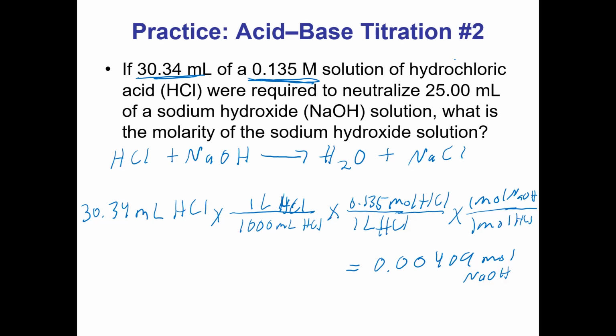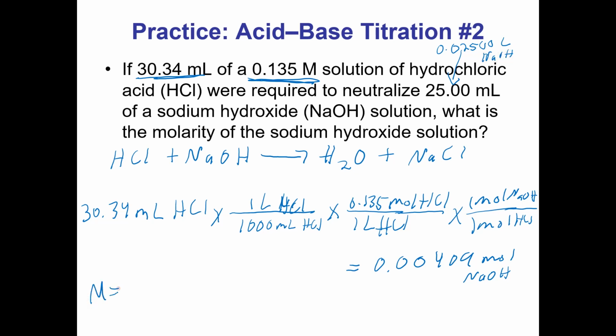And then we want to neutralize 25 milliliters of sodium hydroxide. So if we divide 25 by 1,000, that comes out to 0.025 liters of sodium hydroxide.